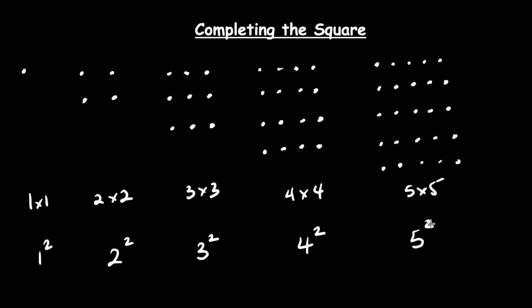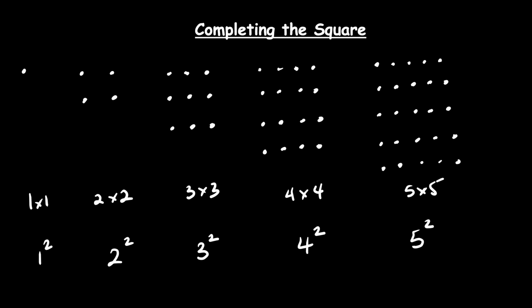We go 6 squared, so on and so forth. These are our square numbers. So in arithmetic, we're talking about literally a number that multiplies itself, which is also a number that can be used to visually represent a square, because we can draw a square given the dimensions 1 by 1, 2 by 2, 3 by 3, 4 by 4, and so on.